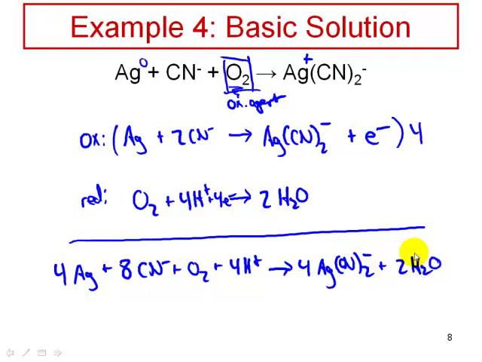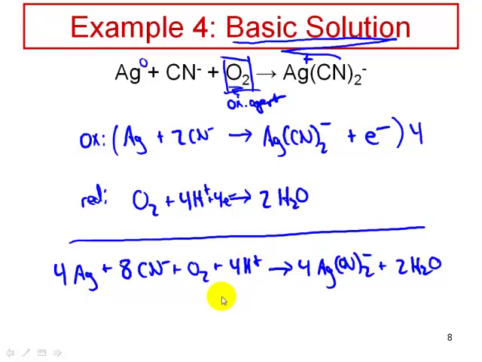Now, here's the trick: I'm telling you guys this is going to be a reaction in basic solution, but right now we're showing H plus ions, so it's not set up like a basic solution. To turn this into a basic solution, I'm going to add hydroxide to both sides to convert my H plus to water.